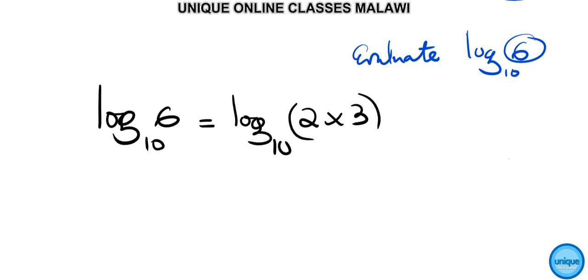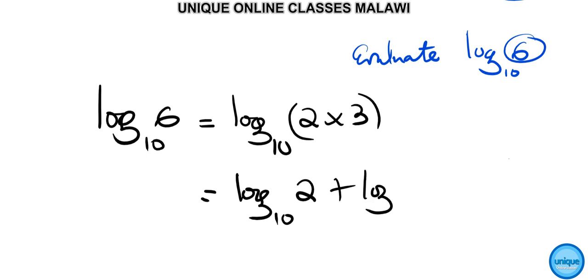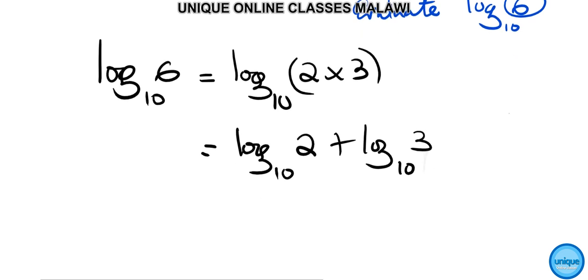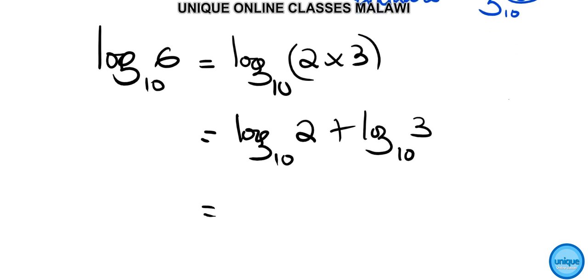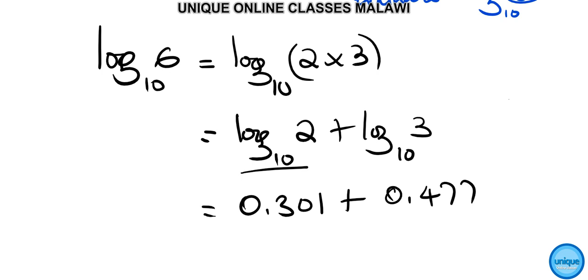Remember, when we multiply, we add the logs, so it will be log of 2 base 10 plus log of 3 base 10. Now the values we were given are 0.301, which is representing log 2 base 10, plus 0.477.